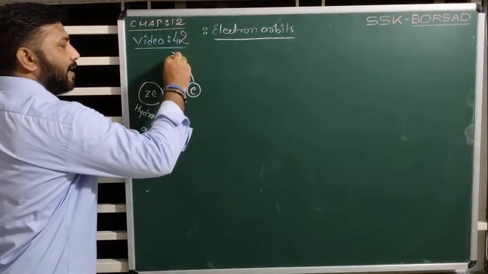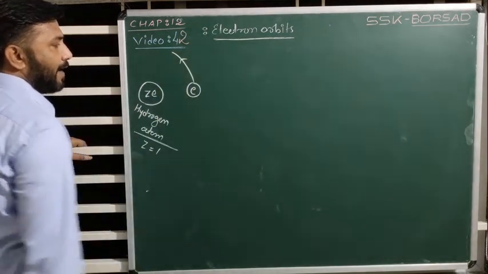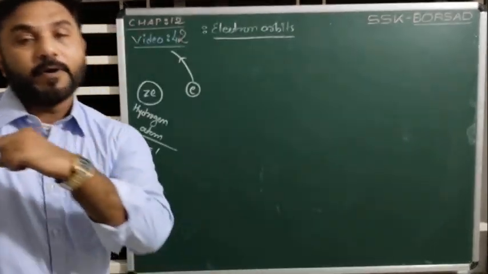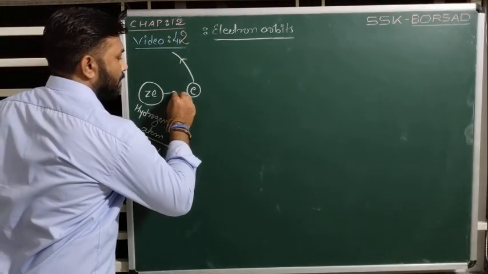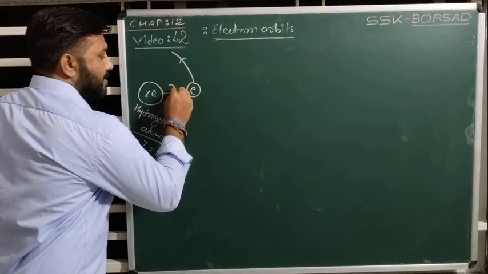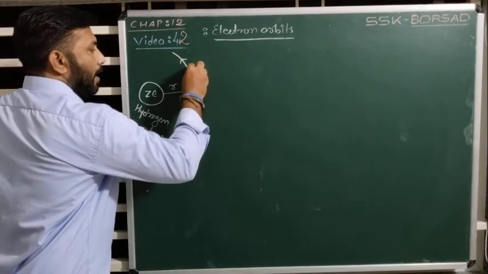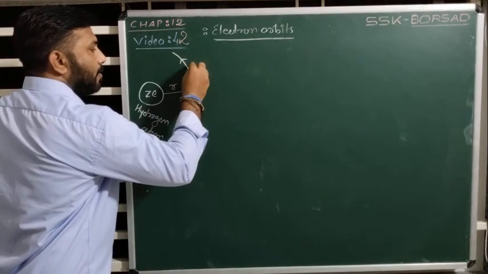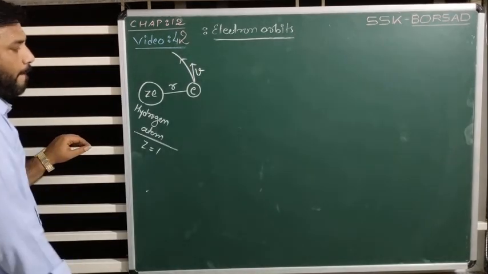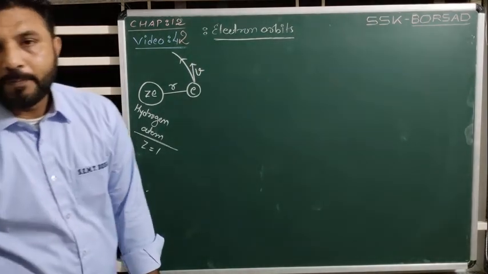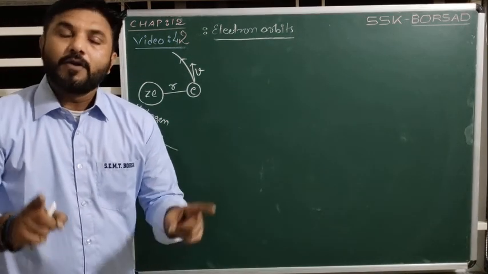So this is the electron which is orbiting in a stable orbit around the nucleus having radius r and with constant velocity v. Is it okay?